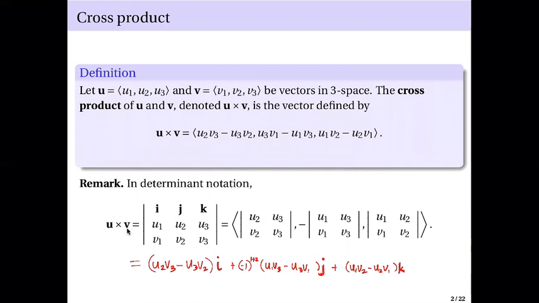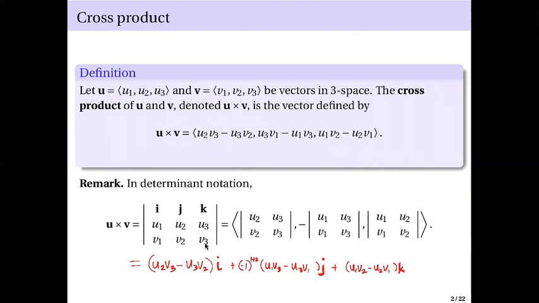If you interchange them, then V1, V2, V3 will be in the second row, and U1, U2, U3 will be in the third row.